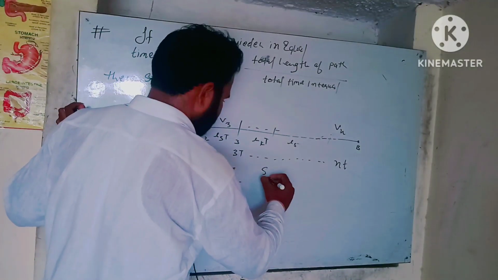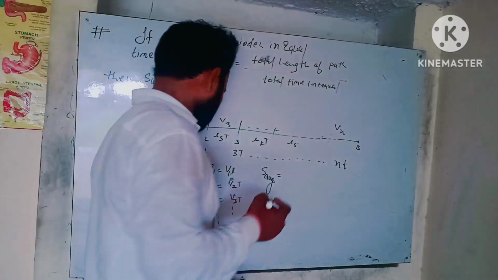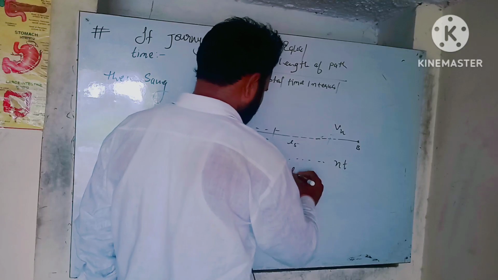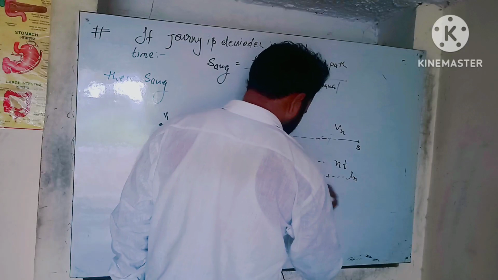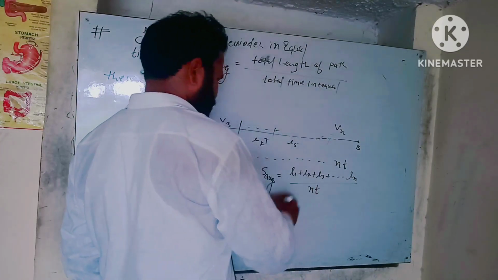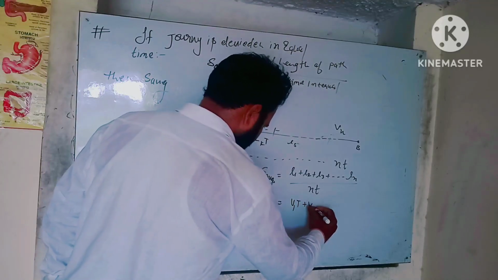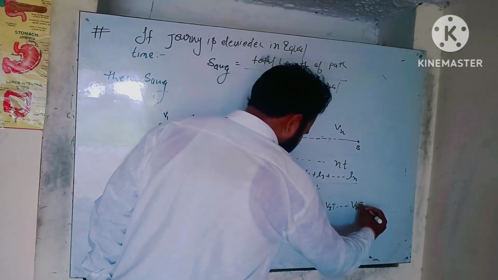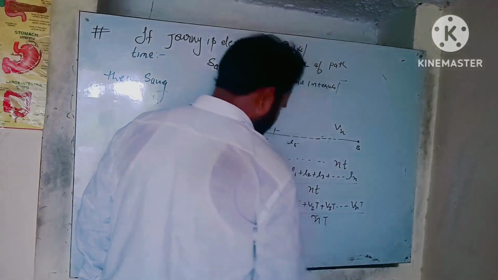Then S average is equal to L1 plus L2 plus L3 plus dot dot dot Ln divided by the total time, which is v1 t plus v2 t plus v3 t dot dot vn t divided by n t.